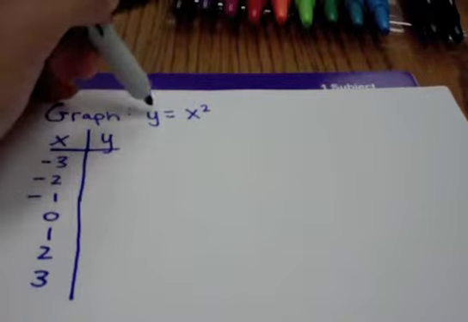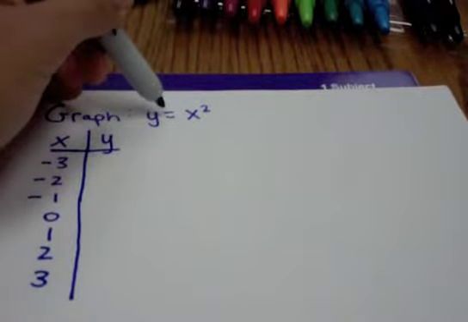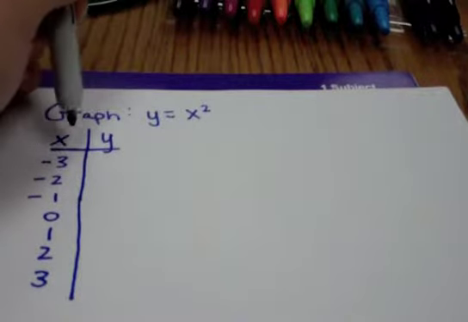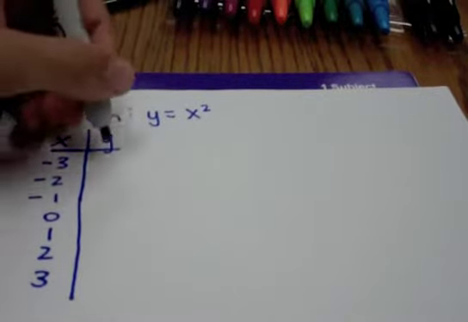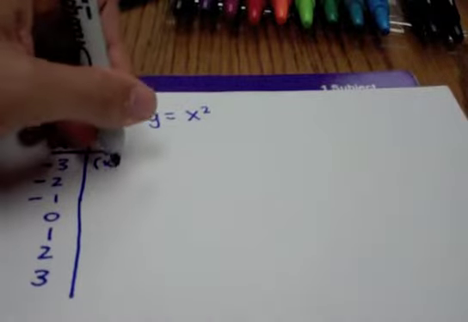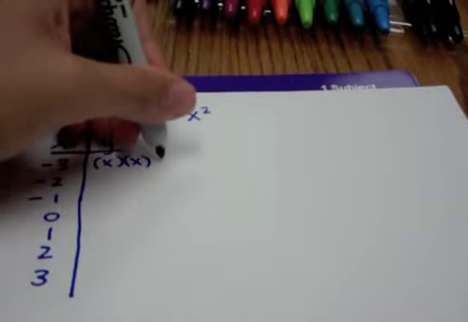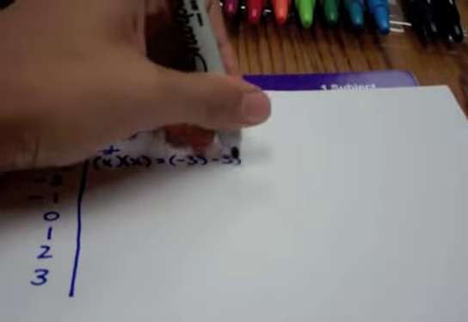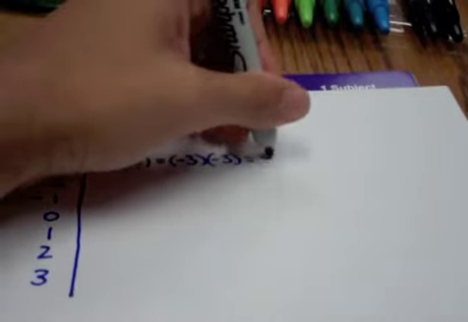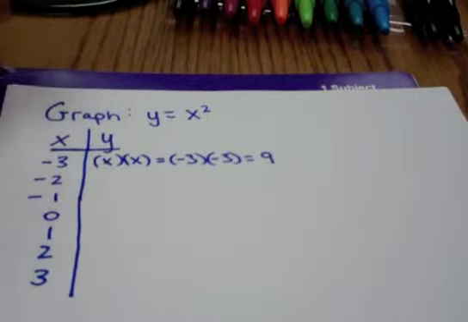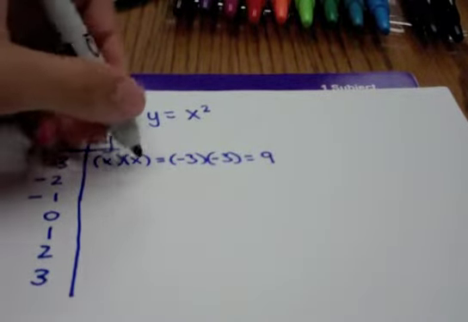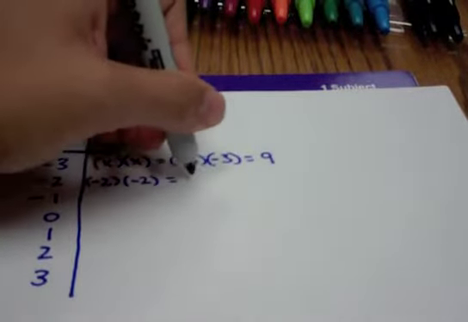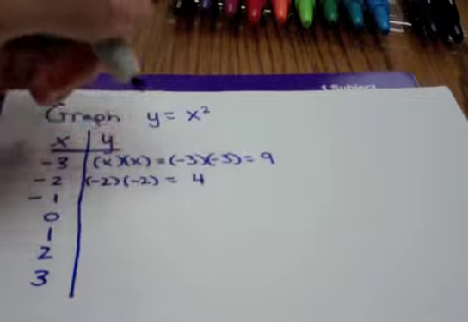So y equals x squared is basically saying y equals the value x times itself once. So x times x. So this would be negative 3 times negative 3, which is positive 9. Negative 2 times negative 2, which is positive 4.